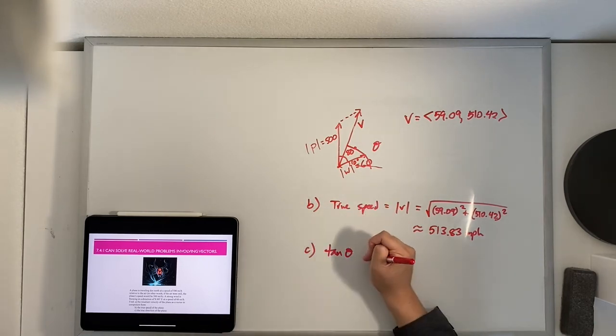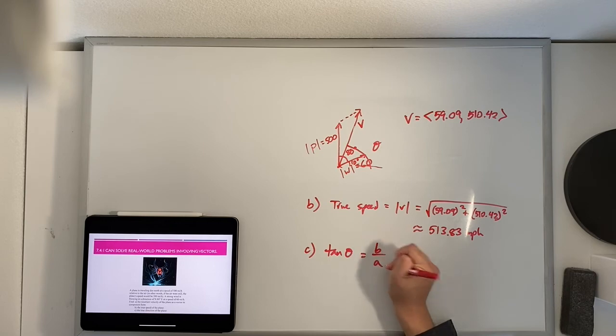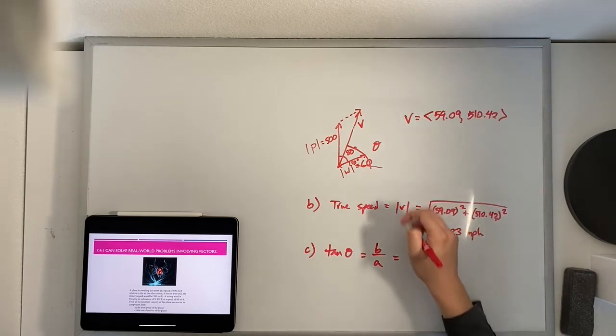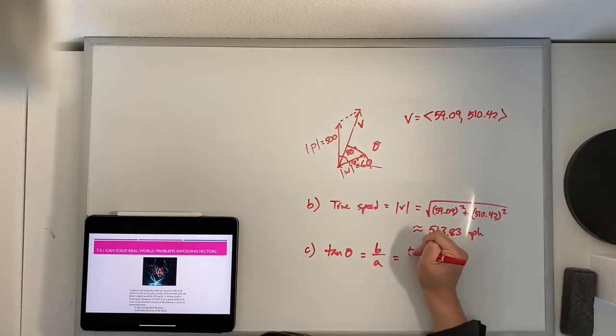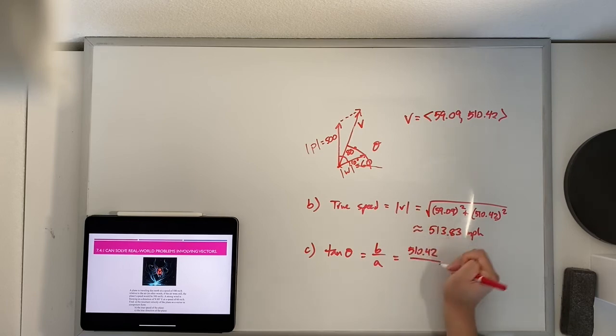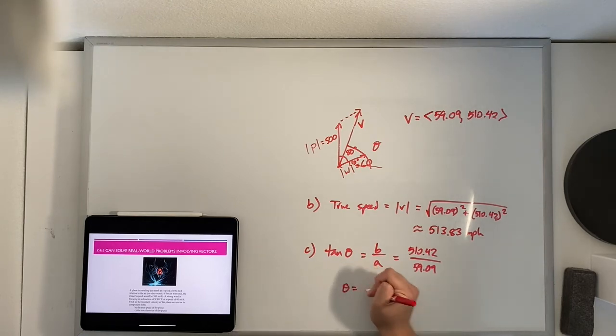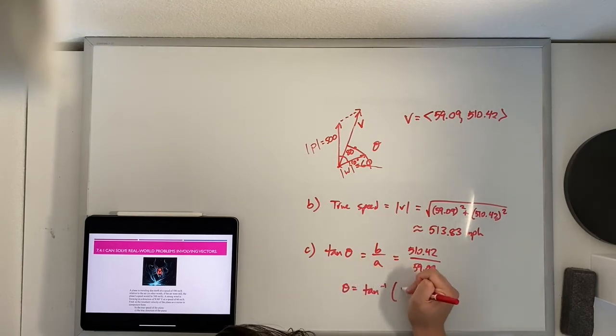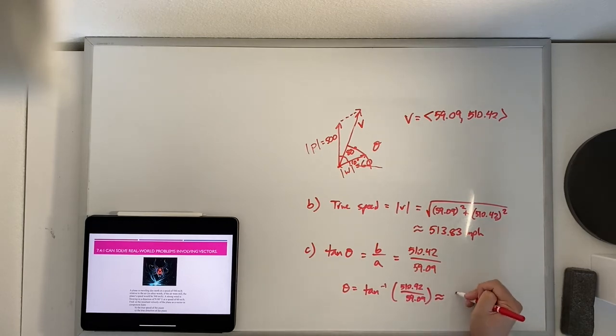Tangent of that angle is equal to b over a, so that is the vertical component of this vector, 510.42, all over its horizontal component. Since we're solving for theta, we take the inverse tangent. And we should get approximately 83.40, and I was in degree mode, so this is in degrees.